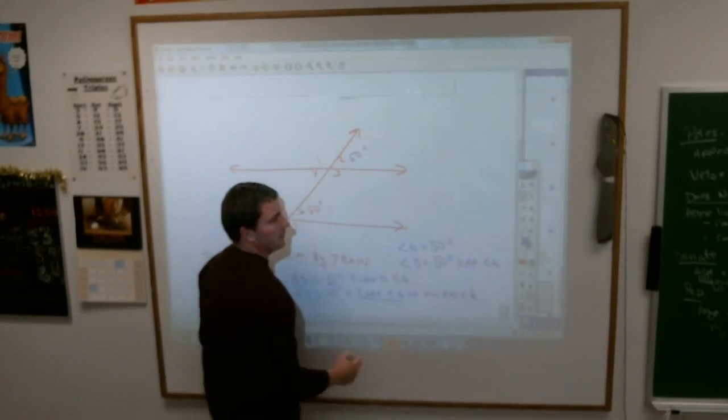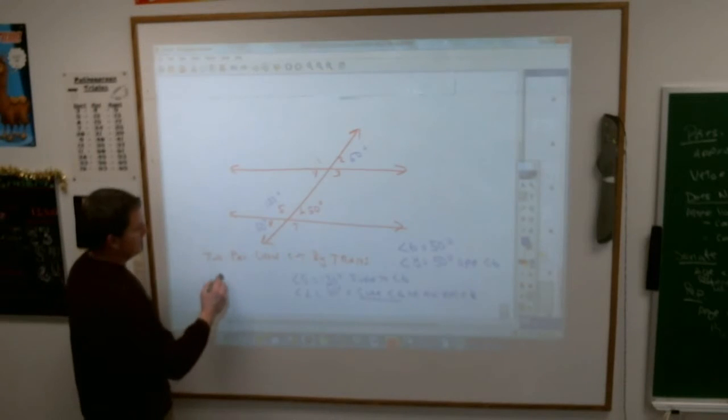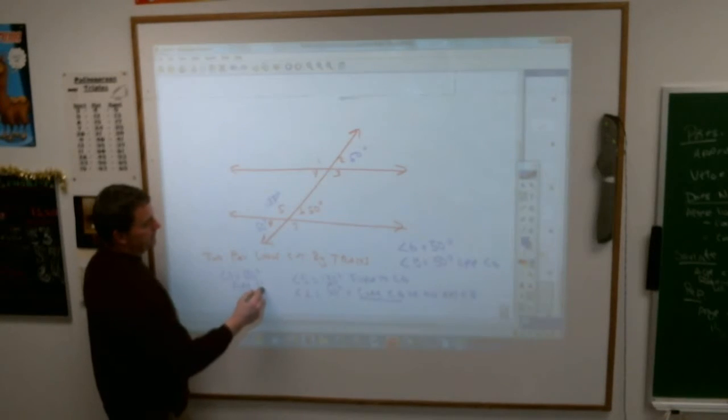Both of those are true. Another true fact there. Grace? Angle 7 is 130 degrees. Why? Because it's supplementary to 5. Another reason?